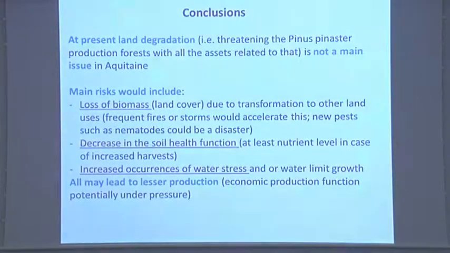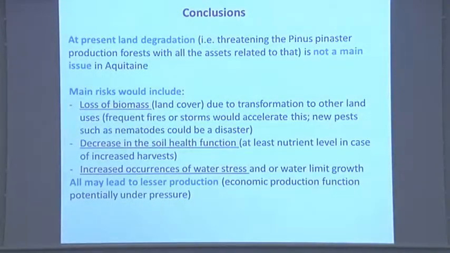Then, where the forest remains, you could also have degradation on another level with the soil health function, because there's not enough nutrients. So fertility will be an issue, and there will be over the entire area probably a problem about water stress.